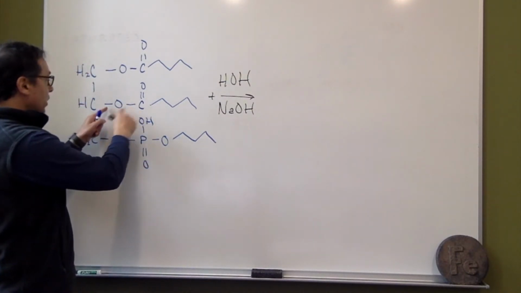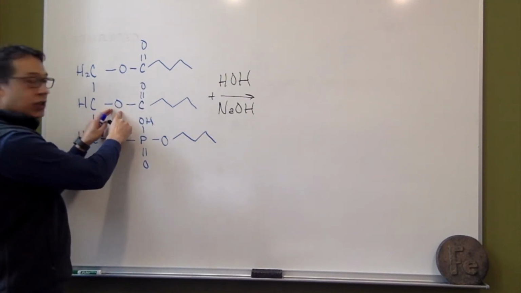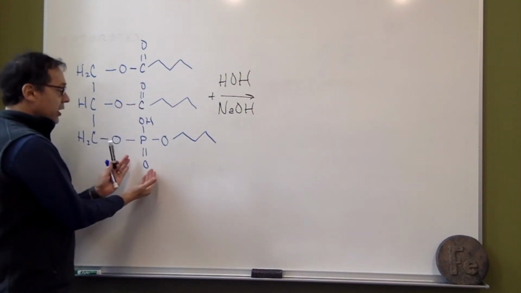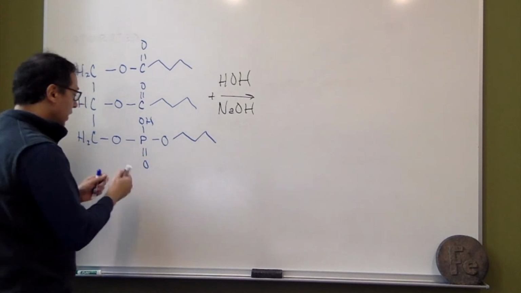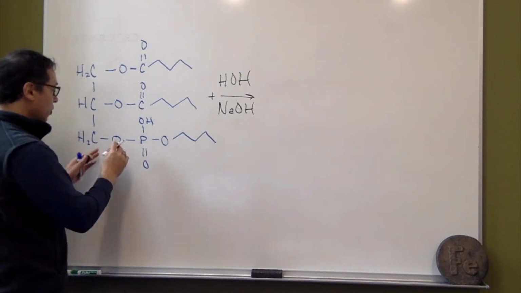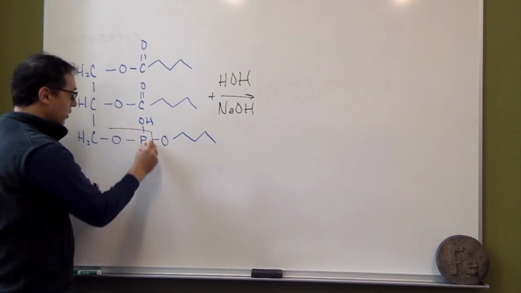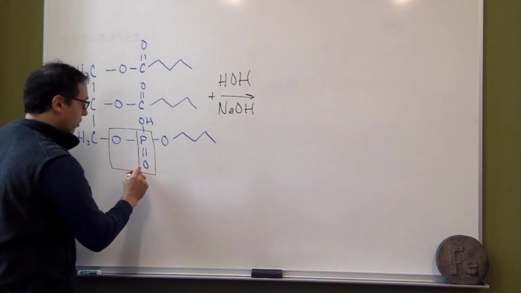So we have an ester linkage here, where we have the carbonyl group, double bond O, and the oxygen. This is one carbonyl group, and here's another carbonyl group. And then here we have another ester linkage. In fact, we have two of them. Here's one ester linkage, and then we have another ester linkage right here.